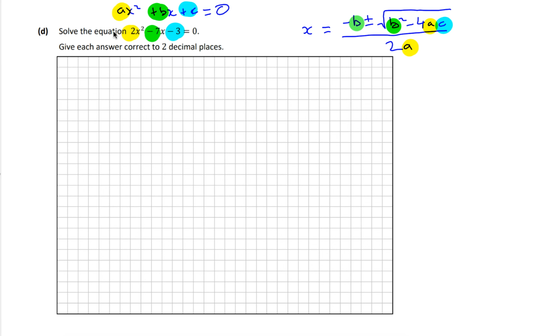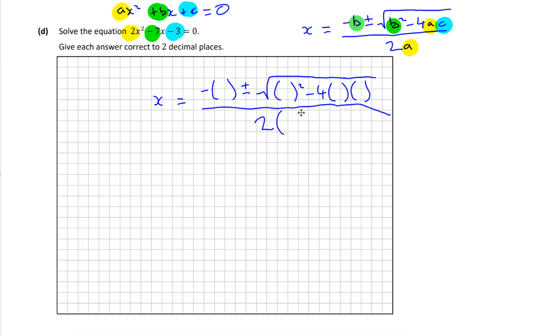So we're substituting these numbers now in here. So x is going to be equal to minus b plus or minus the square root of b squared minus 4 times a times c all over 2a.